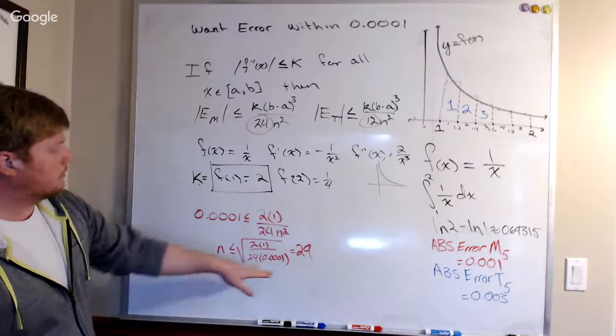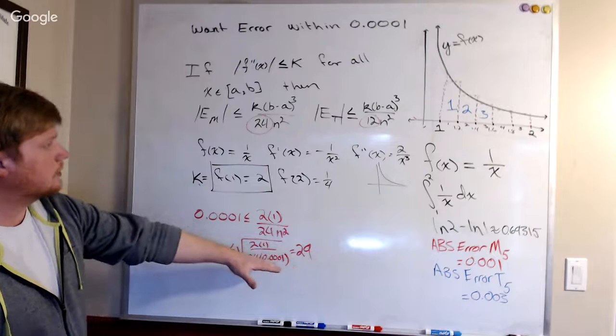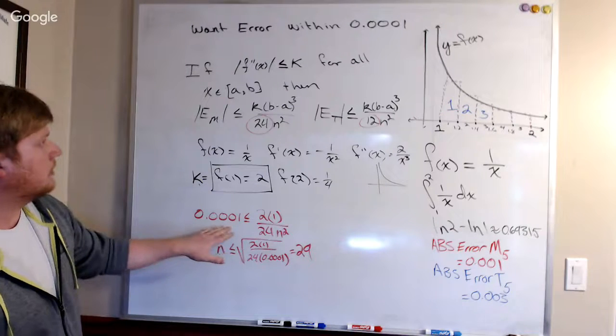So 29 or more subintervals would give me an error within this bound.